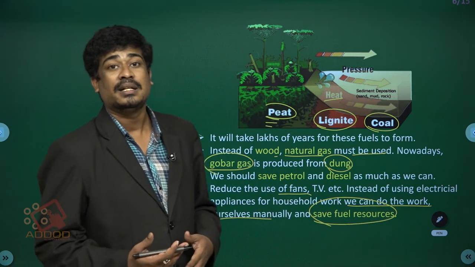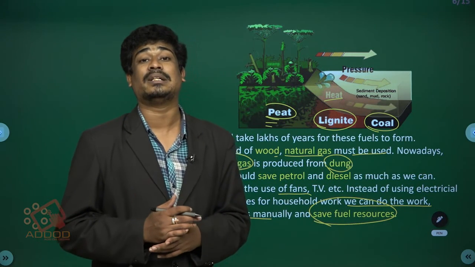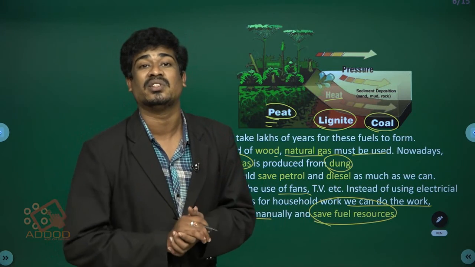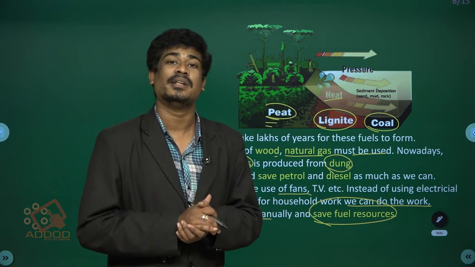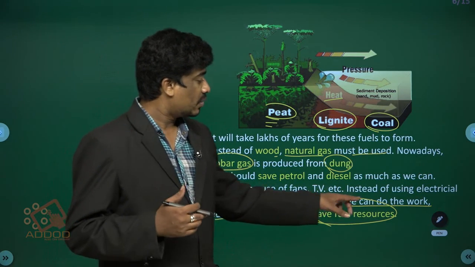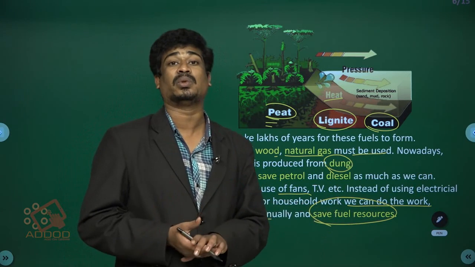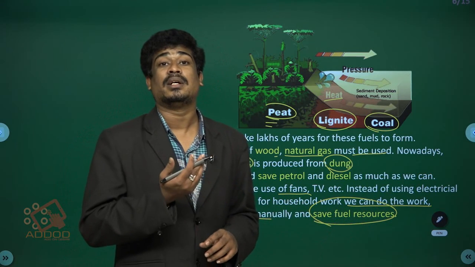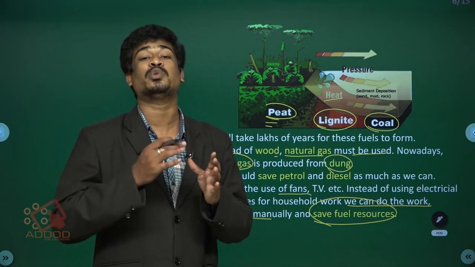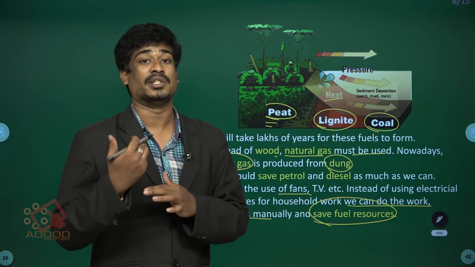Nowadays all human beings are trying to work on machines which require electricity. So he suggested that we can do the work ourselves manually and save fuel resources. If there is any work to do, just do it with your hands and legs. Don't use machines that consume resources.